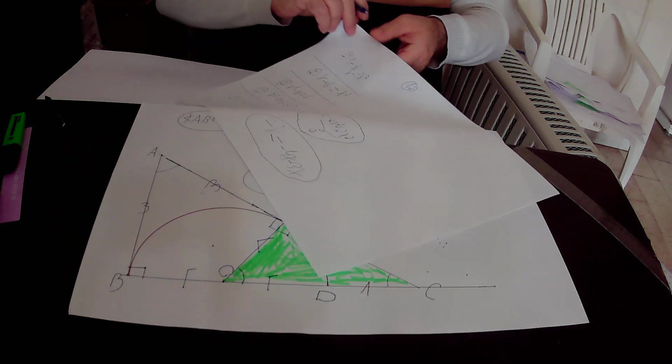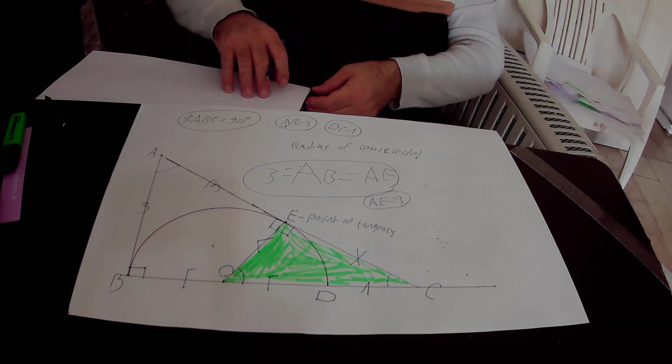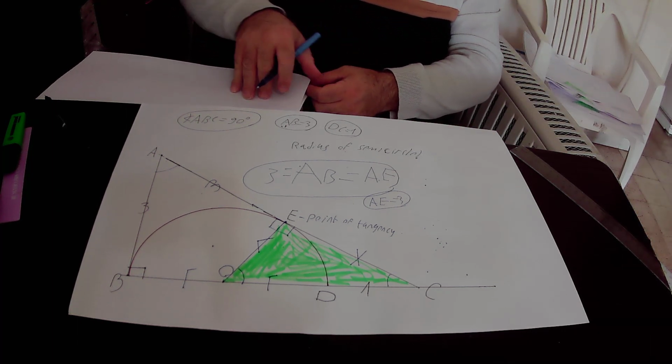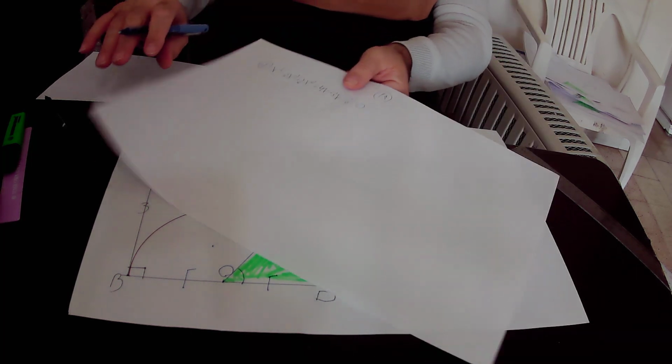Okay, so we substituted minus x by minus 4x plus 3x, and we got this expression number 1.